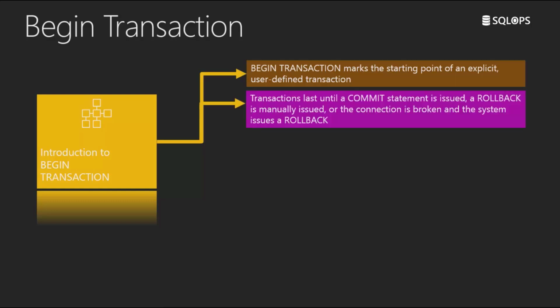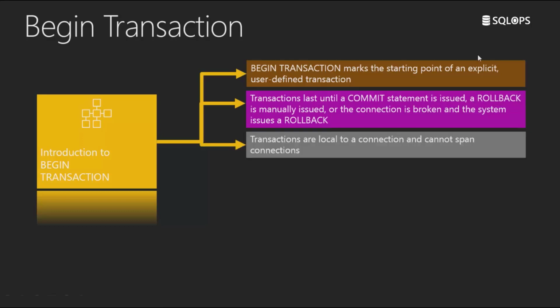Once you initialize a transaction, you must properly end the transaction. You can use commit transaction on success or rollback transaction on failure. Each transaction lasts until either it completes without errors and commit transaction is issued to make the modifications a permanent part of the database, or errors are encountered and all modifications are erased with the rollback transaction statement, or until the originating connection is dropped, at which point SQL Server will roll the transaction back automatically.